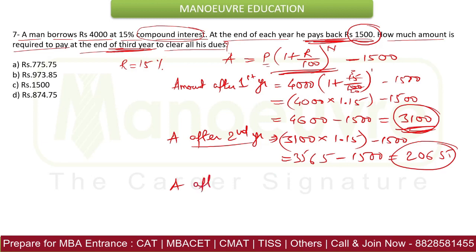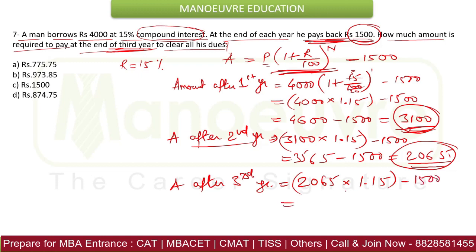Similarly the amount at the end of third year: here the new principal will be 2065 into the value of 1 plus R by 100 for 1 year, that will be again 1.15, and again at the end he will be paying back minus 1500.